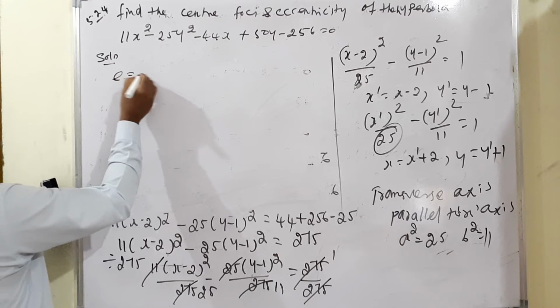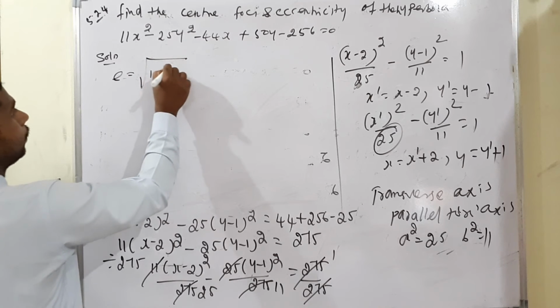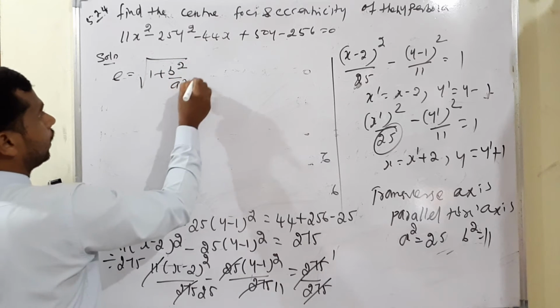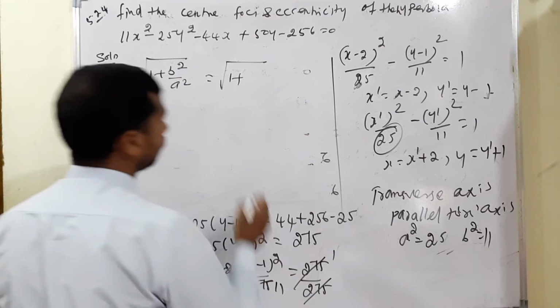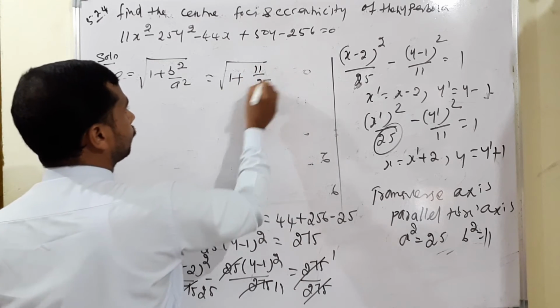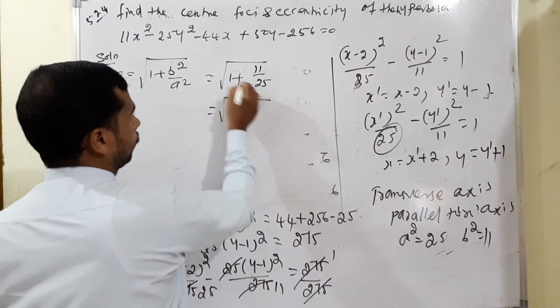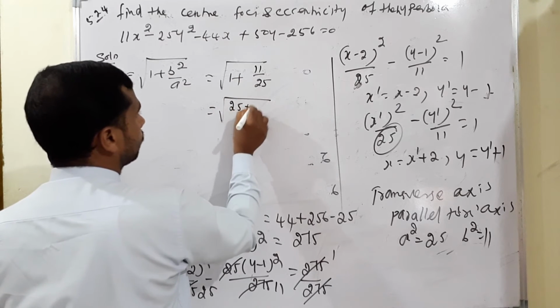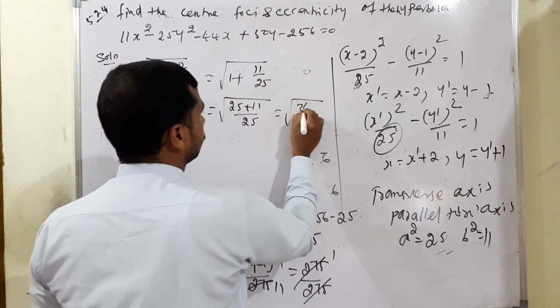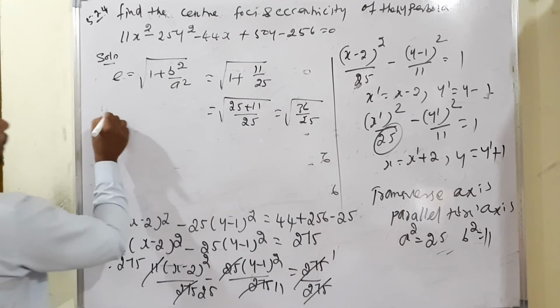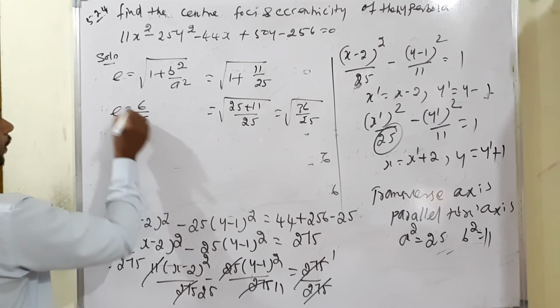So, eccentricity means e is equal to square root of 1 plus b square by a square. Therefore, square root of 1 plus b square value will be 11 by 25. Therefore, 25 into 1 means 25 plus 11 by 25. 25 plus 11 is equal to 36 divided by 25. Therefore, e is equal to 6 by 5.